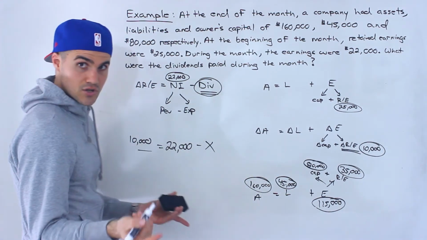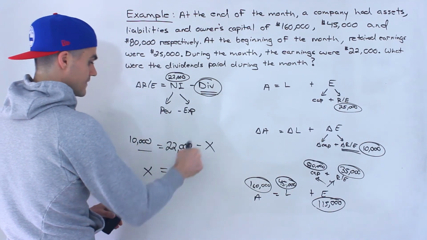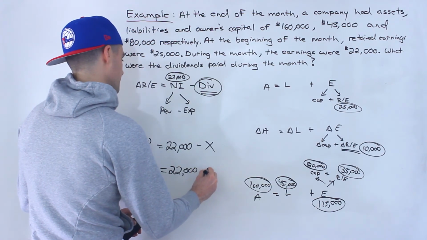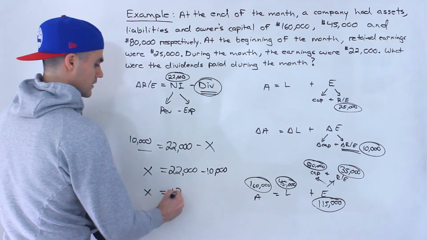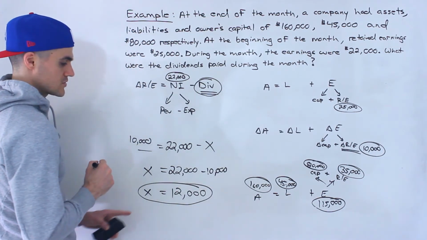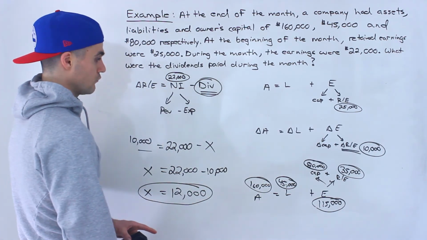And now notice we could solve for that x. So this negative x we could bring over, that would become positive x, and then the 10,000 we could bring over, and that would become negative. And so this would end up being 12,000 over here. So that's the final answer. The dividends that were paid during the month is $12,000.